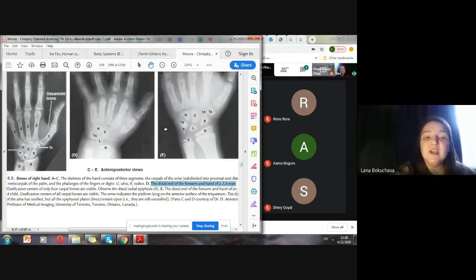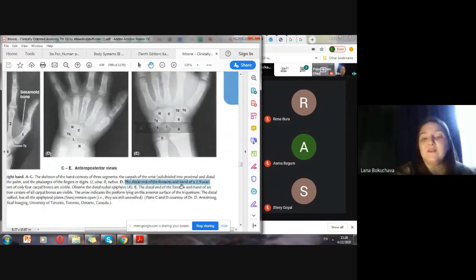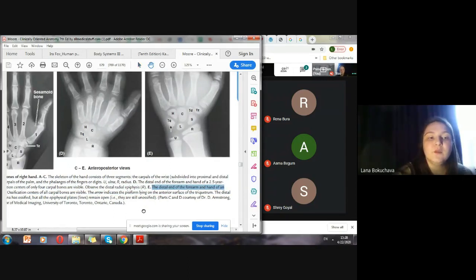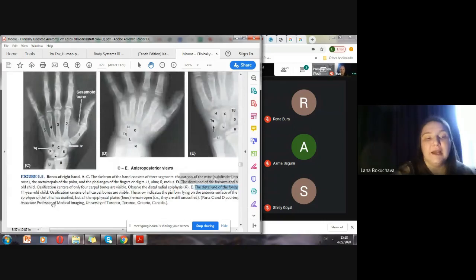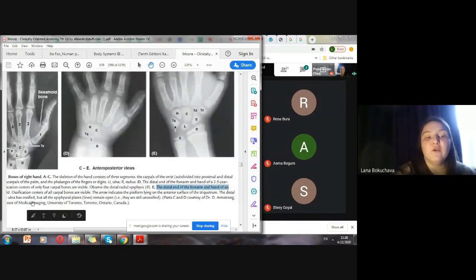In the case of the E, what we can see is the distal end of the forearm and a hand of an 11-year-old child. So ossification centers of all carpal bones are already visible.